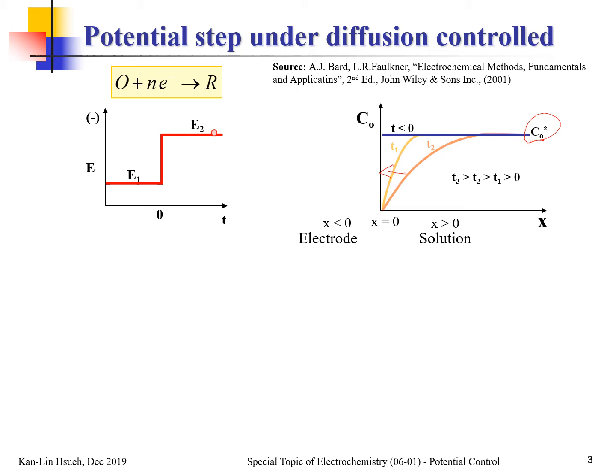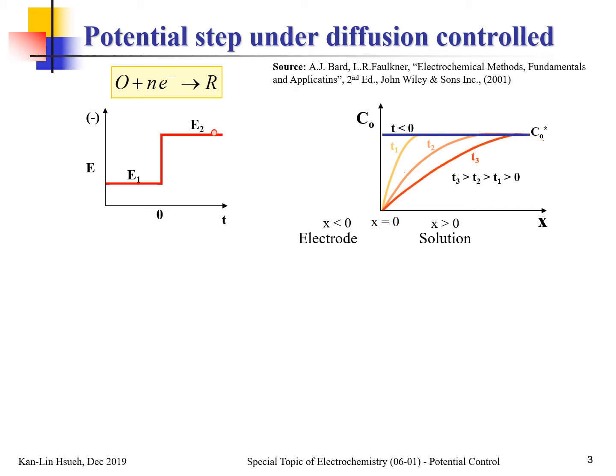However, the potential is set at E2, so the surface concentration always stays at 0. That means mass transfer control, because the electrode reaction is so fast that the concentration at the electrode surface equals 0.